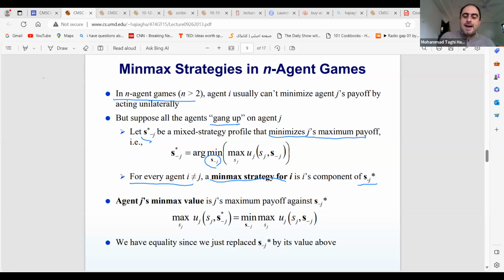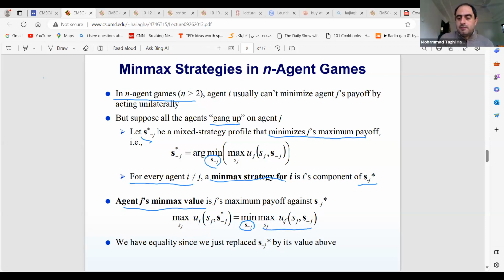And again, the value would be the value attained by this optimal strategy. So it would be essentially the one that minimizes over this.